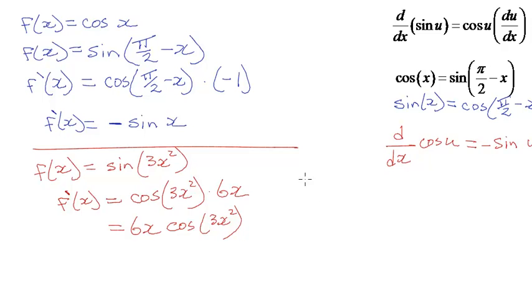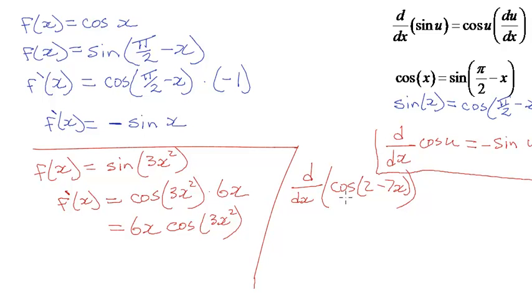And one more, a question where we want to find the derivative with respect to x of cosine of 2 minus 7x. So if we want to find that derivative, let's separate this here. Well, start, derivative of cosine is negative sine.